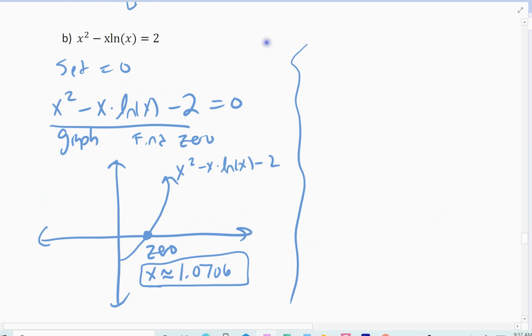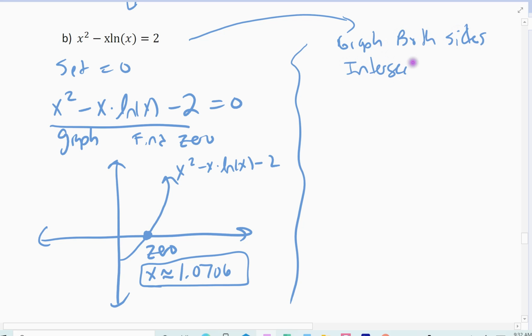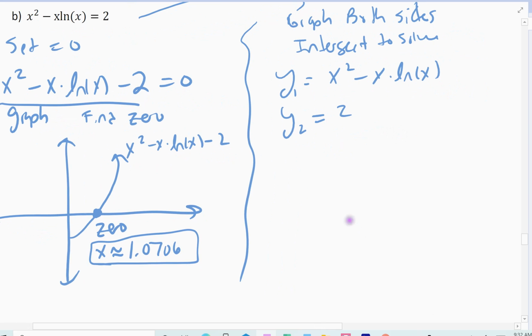Or, like I said, there's the other method. You could graph both sides and find the intersect to solve. So y1 would be x squared minus x times the natural log of x, and y2 would be 2. And so you would get a graph.